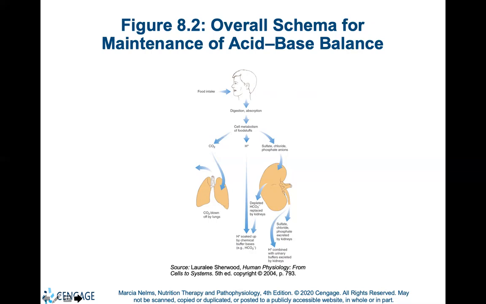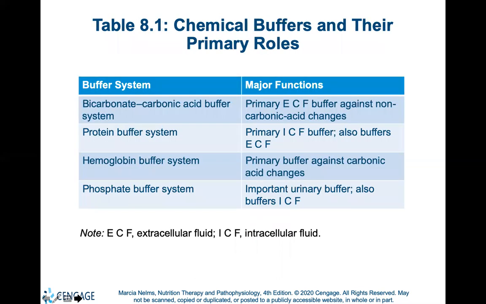The respiratory system eliminates carbon dioxide produced by metabolism. Carbon dioxide is not a threat to acid-base balance, provided its partial pressure in arterial blood is kept at a normal value. The chemical buffers and their primary roles are explained in Table 8.1. Please review this table on page 162.